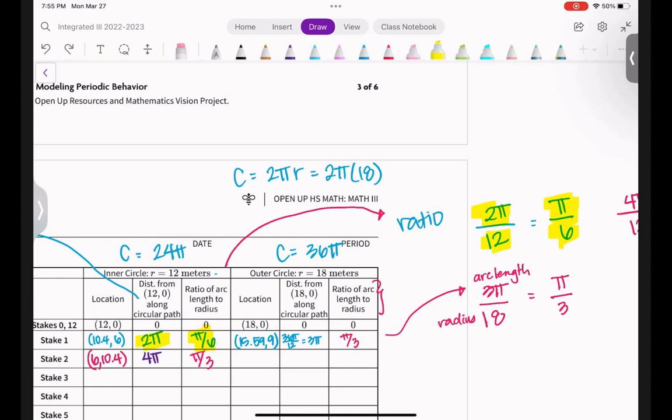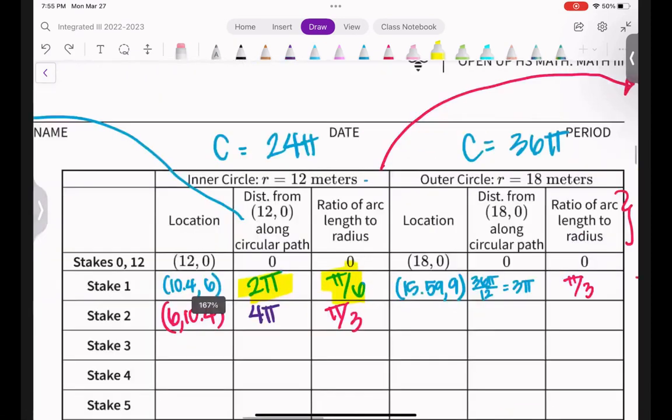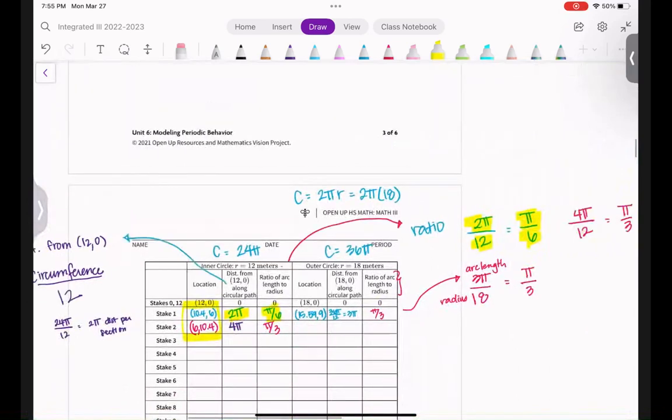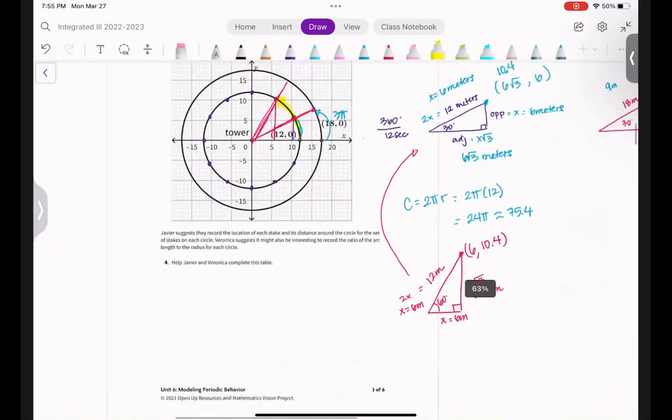Okay. So one of the patterns that you guys said is you notice that these two numbers right here flip-flopped. And that should make sense to you, right? Because our triangle kind of flip-flopped. Earlier, the opposite was 6, and now the adjacent is 6.